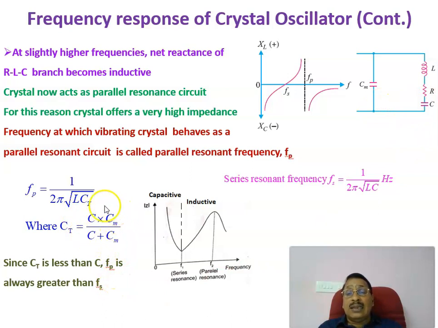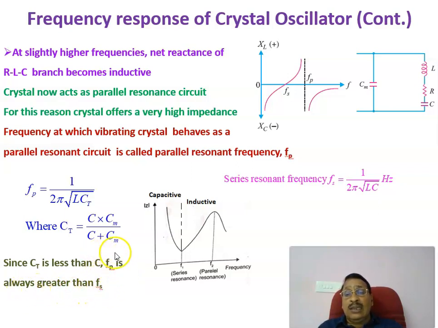That is the total capacitance CT, and this gives the parallel resonant frequency Fp. Here CT is less than C, so Fp is always greater than Fs.